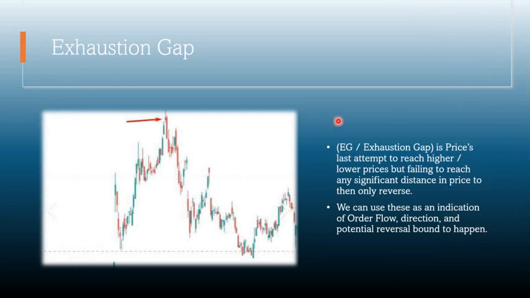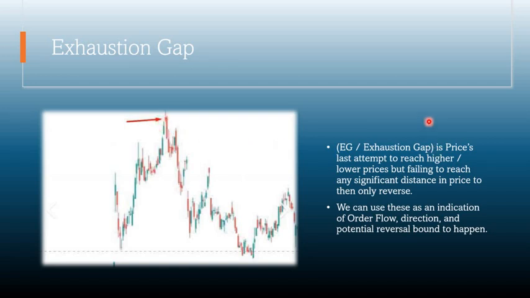An exhaustion gap. So an exhaustion gap is price's last attempt to reach higher or lower prices, but failing to reach any significant distance in price to then only reverse. We can use these as an indication of order flow, direction, and potential reversal bound to happen. So when you see this gap right here, it's going to look like a volume imbalance, but we create a big wick right here.